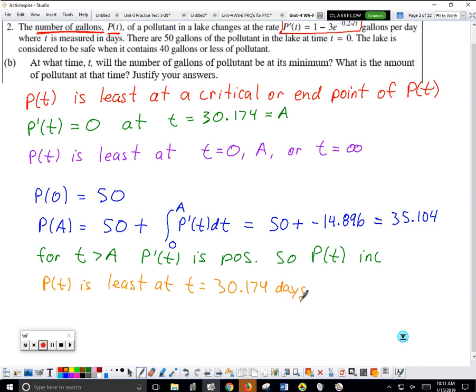They want to know what is the amount at that time. Nothing indicates rounding. So P of t is least at time equal 30.174 days, where the amount of pollution at that time is equal to 35.104 gallons.